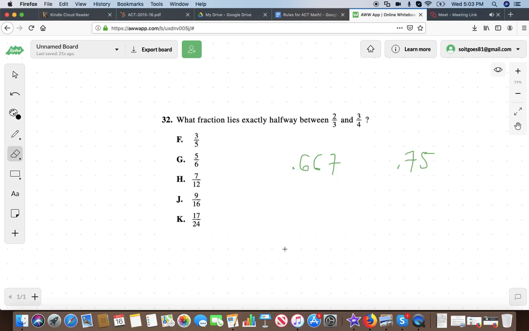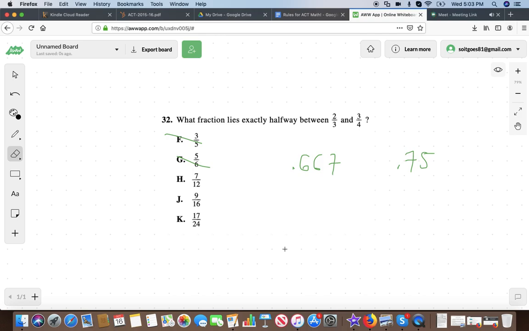Look at answer choice F. What's that equal? 0.6. That's not even between them. Ridiculous. What about G? 0.83. Come on. This test is so easy. 0.58.